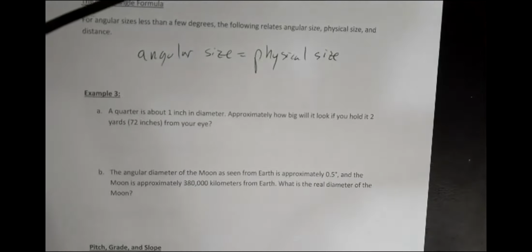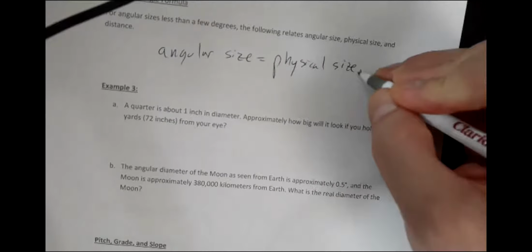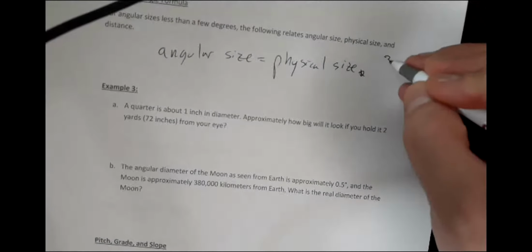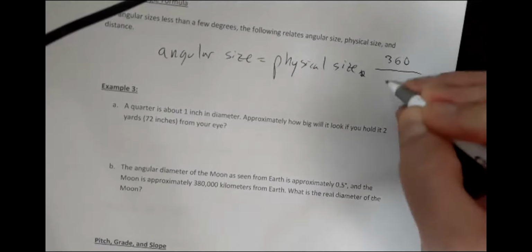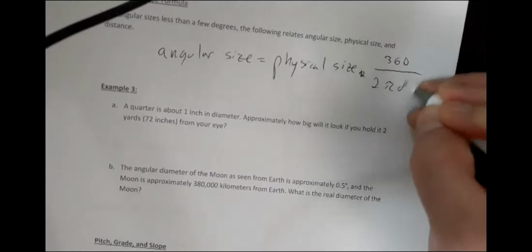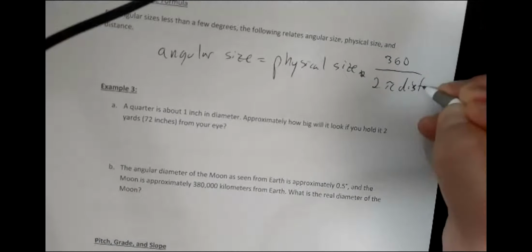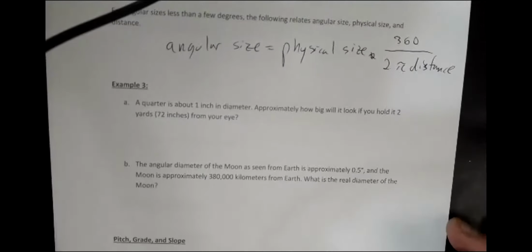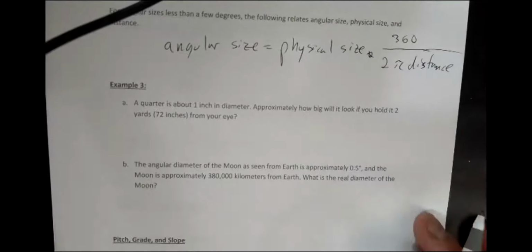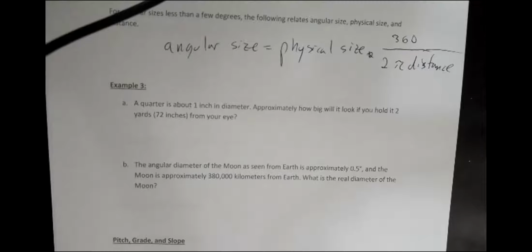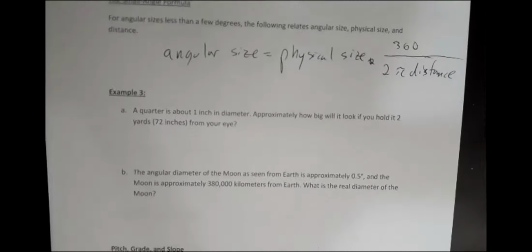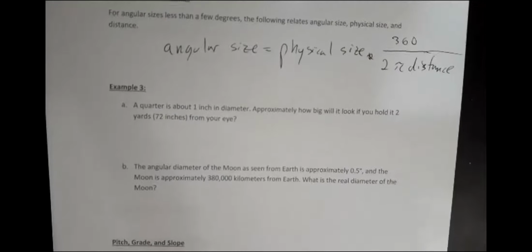Okay. And we're going to take physical size and multiply it by 360 over 2 pi distance. And so this is the formula that the book gives you.